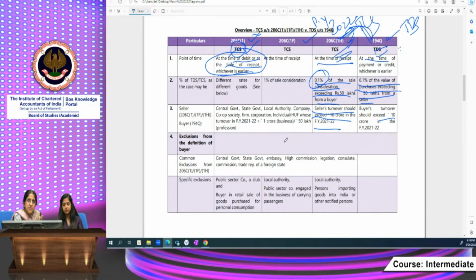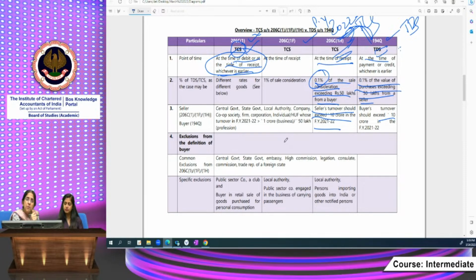Specific provisions of TCS, 206C1, 206C1F, tax has already been collected, then neither 194Q nor 206C1H will be attracted. The problem comes when some specific exemption has been claimed, like under 206C1A for manufacturing processing, so you don't collect tax.